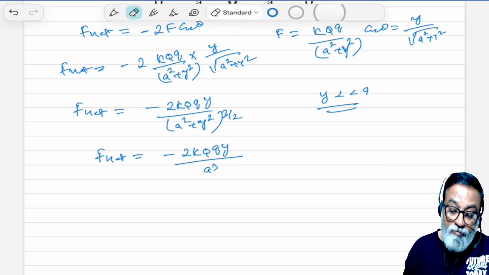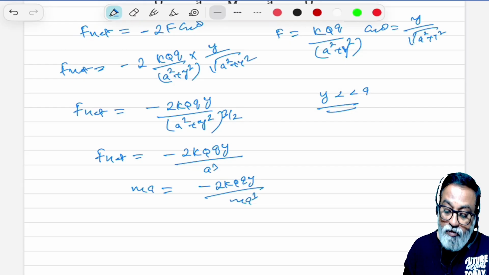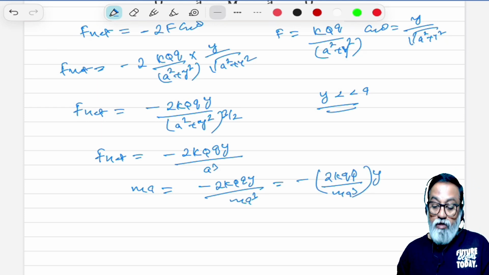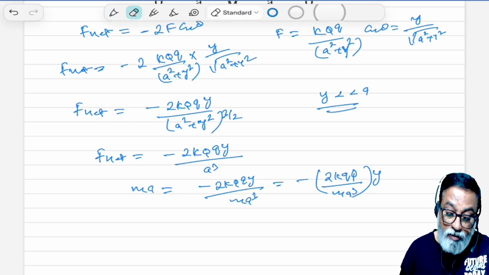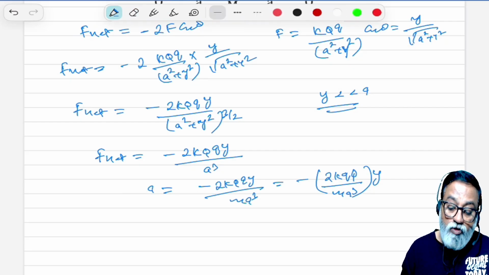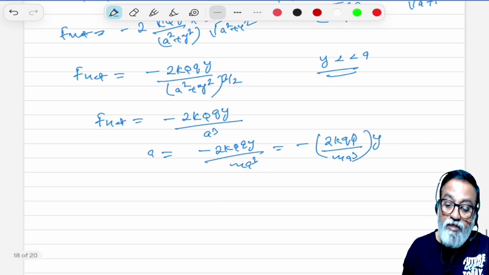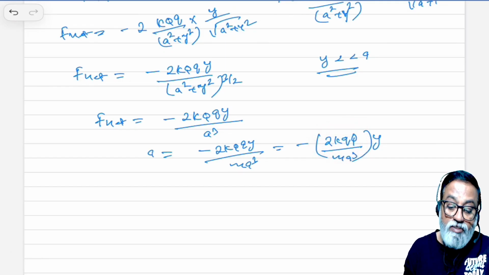I am taking F net is equal to ma, that is equal to minus 2kq·q y by a³. This is equal to minus 2kq·q by m a³ into y. Here also, acceleration is directly proportional to displacement in the opposite direction. Therefore, this term becomes omega squared.